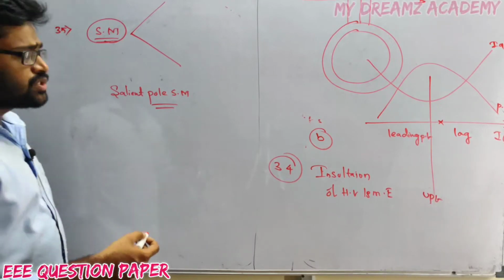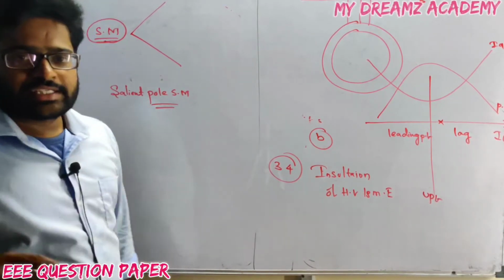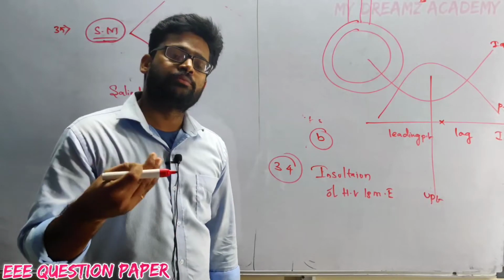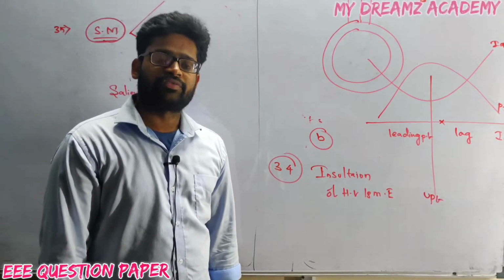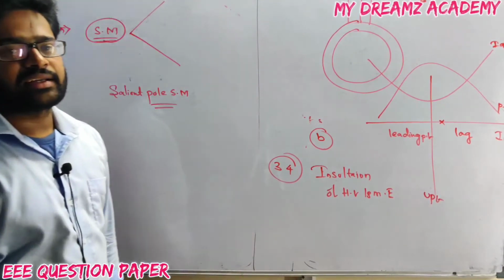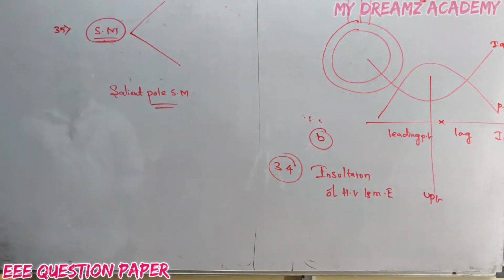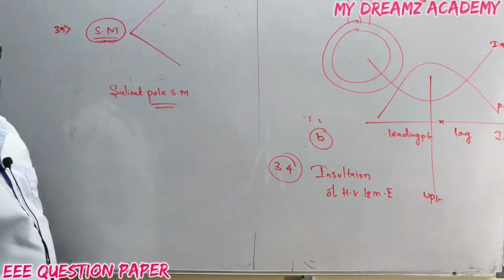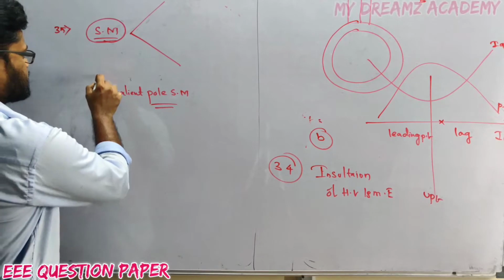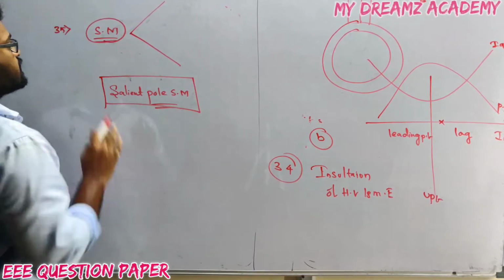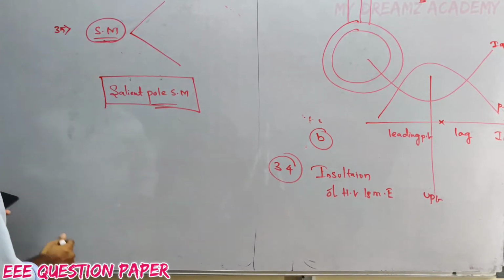Why do we use synchronous motors? In order to improve the power factor. It is a power factor correcting device, dynamically correcting the power factor. So most synchronous motors are salient pole synchronous motors.